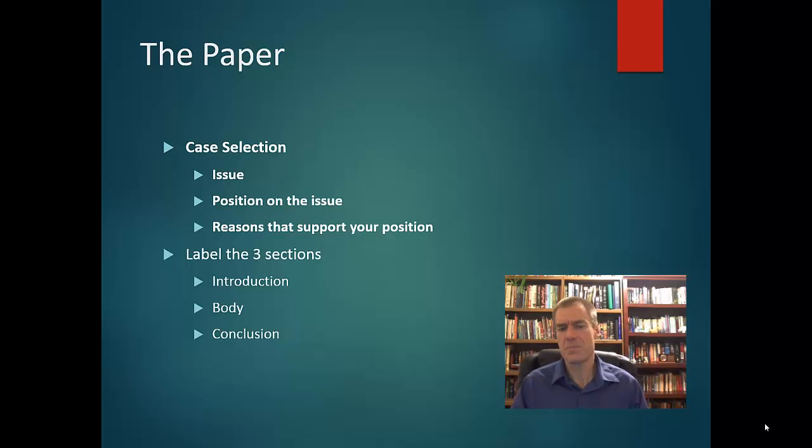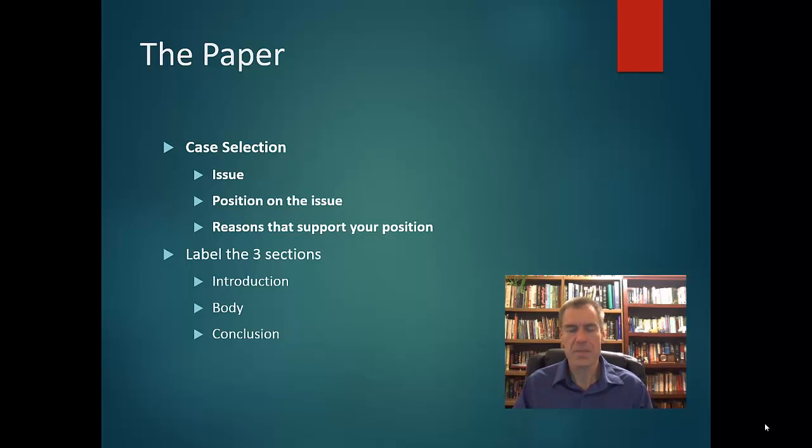So the idea is to find a particular case that you're interested in writing about, and each one has an issue. An issue like, for example, whether or not violent video games should be censored, whether or not a particular work is art, or whether or not the moral content of a work is relevant to its aesthetic value, those sorts of things.